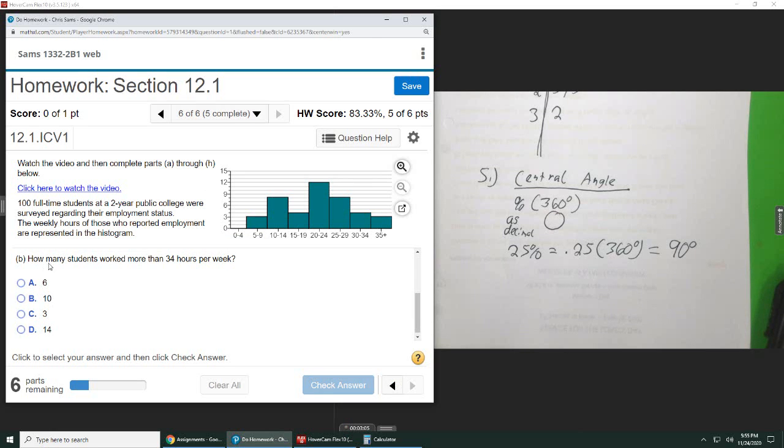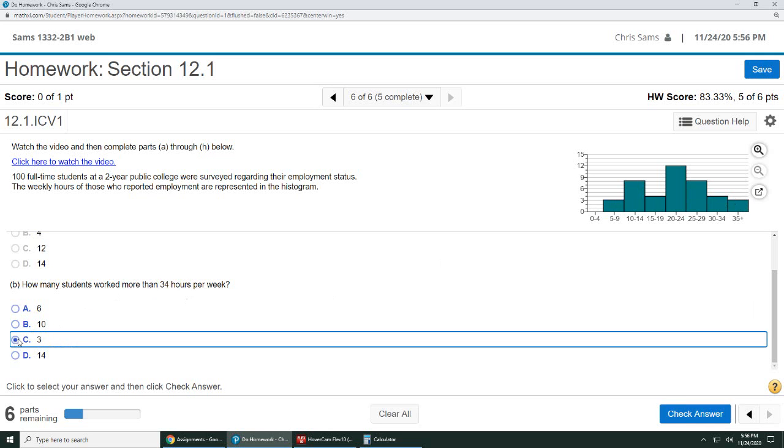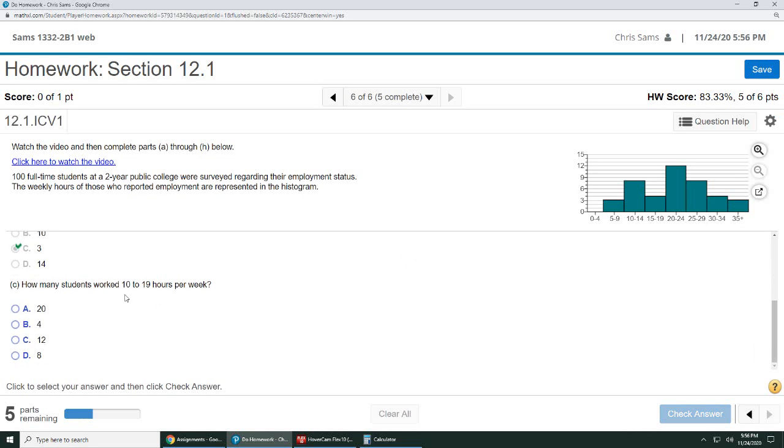All right, part B, how many students work more than 34? More than 34 will be 35 plus. This looks like a height of 3. Part C, how many students work 10 to 19 hours per week?